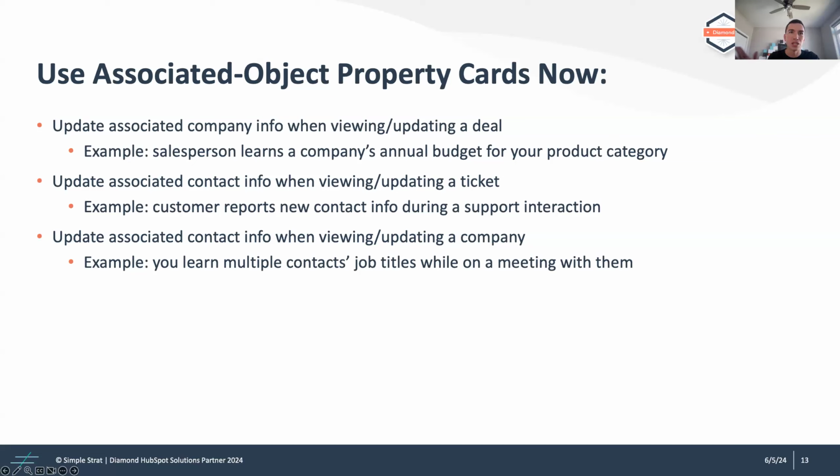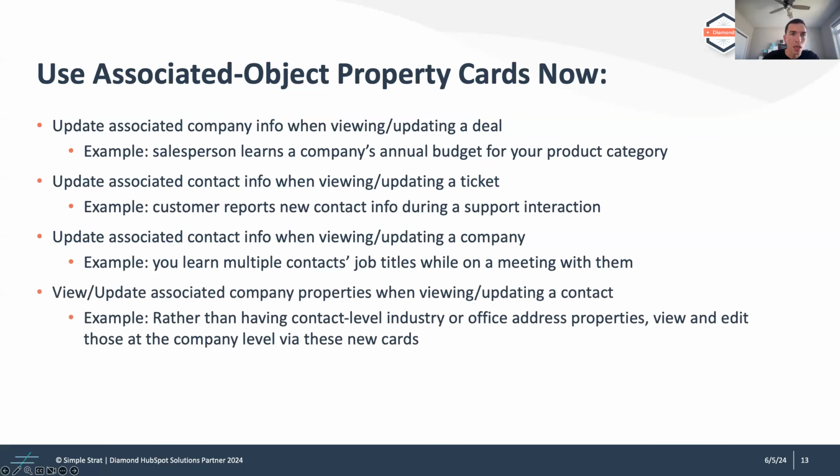And rather than bounce to each of those contacts, there's a quick toggle that will change which associated record's properties you're looking at. So you could toggle through those contacts really quickly and change those job titles right within the company record. And then one way to use this on a more macro level is, let's say you've got company properties or company information that you're storing on contact records, like industry or office address.